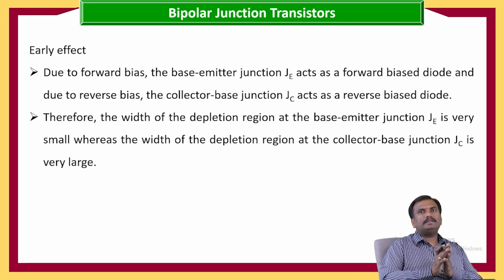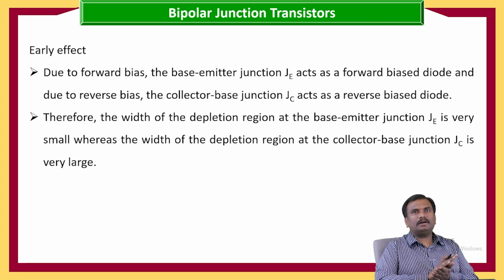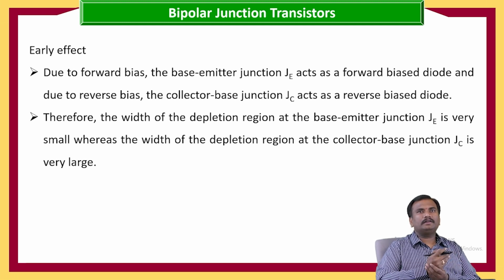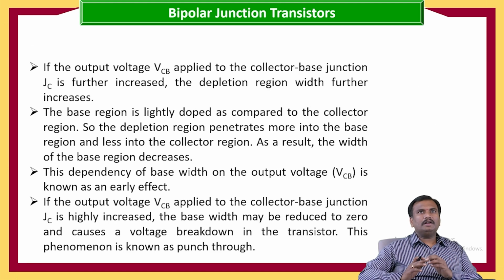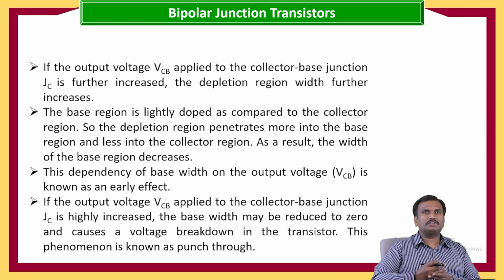And here the output voltage VCB is applied to the collector to base junction, where JC is further increased.